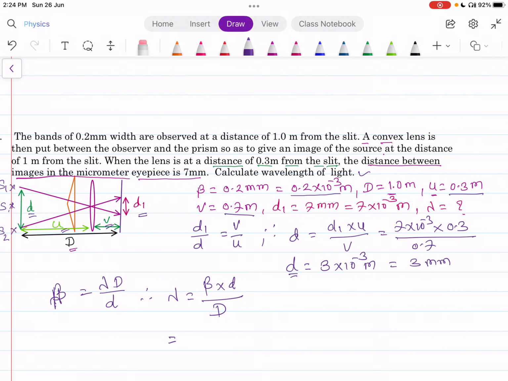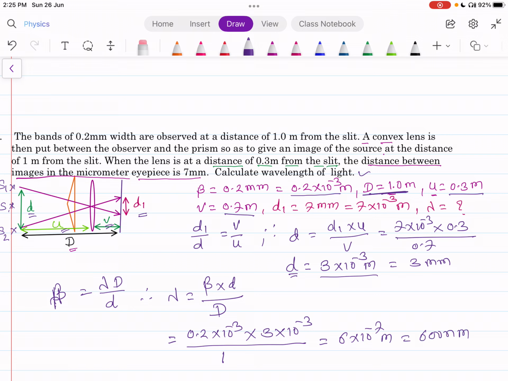Beta is 0.2 into 10 raised to minus 3 meter. d we just measured, 3 into 10 raised to minus 3 meter, divided by capital D, which is 1 meter. So this is equal to 6 into 10 raised to minus 7 meter. That is nothing but 600 nanometer. So we got the wavelength of the source, and that is the answer.